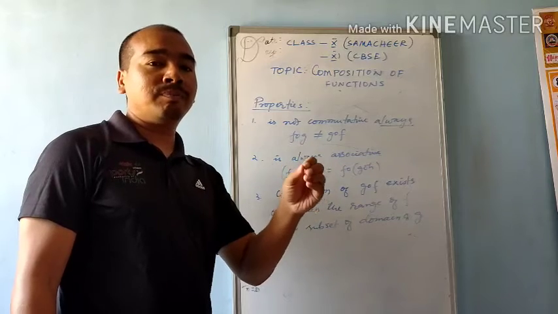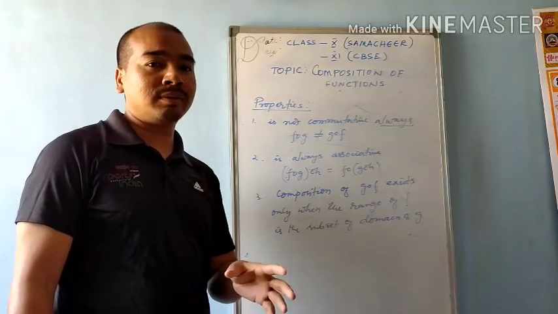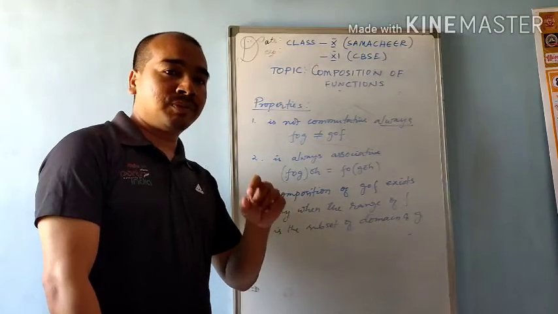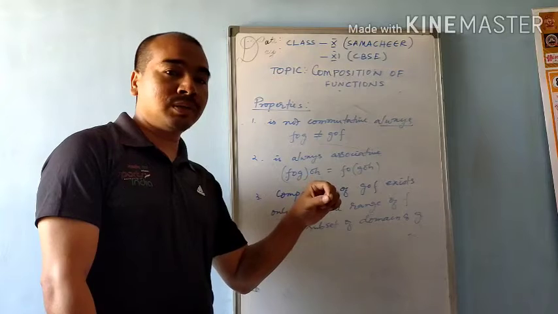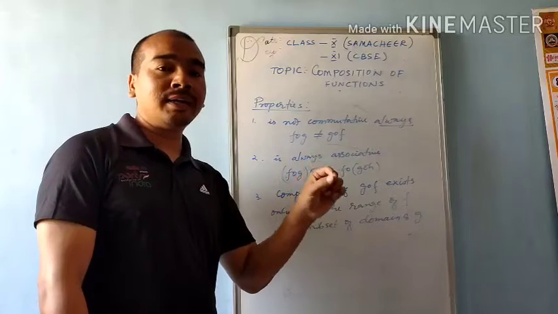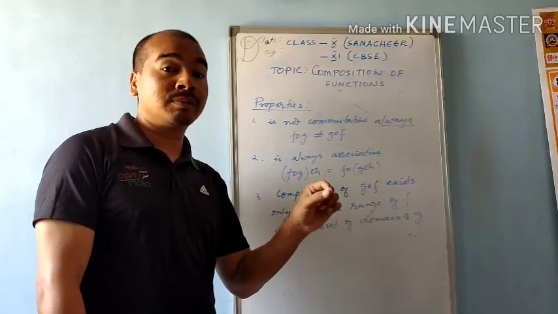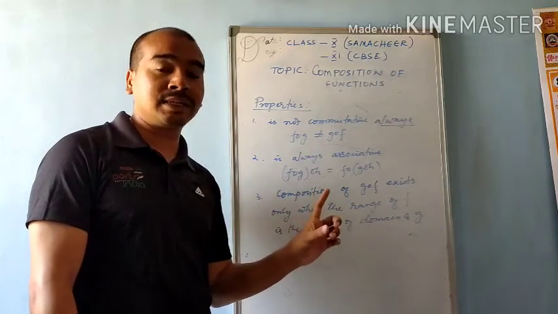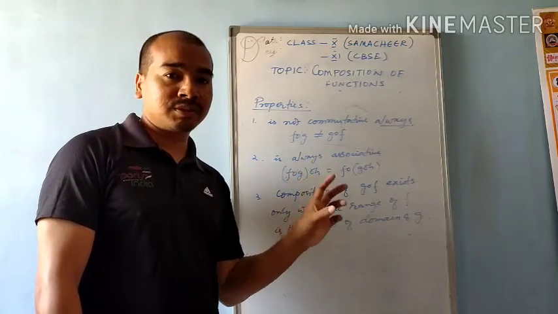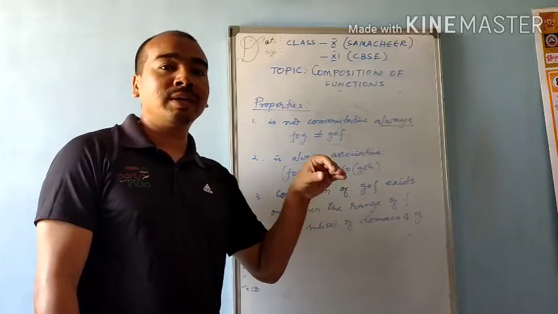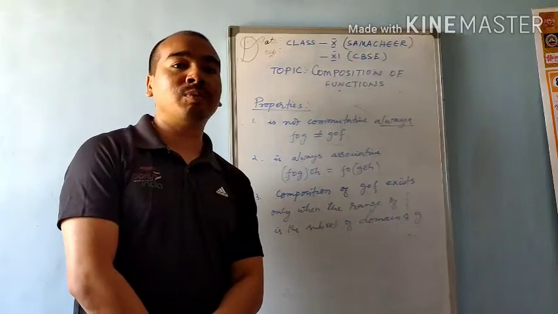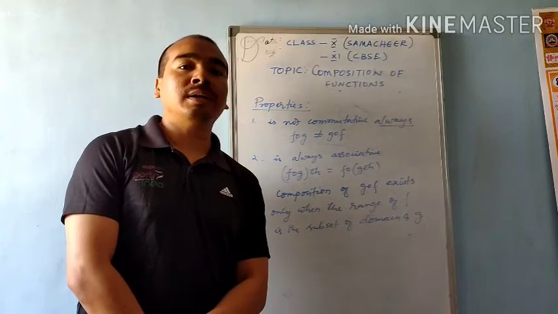Suppose the pulp is not made at all, then we cannot make the juice. Like that, if the first input is put into the first function f, we will get f of x. That f of x should be a subset of the second set, which is B. When it is a subset of the second set, then we can consider it as input for the next function. That time only the composition of function will exist.